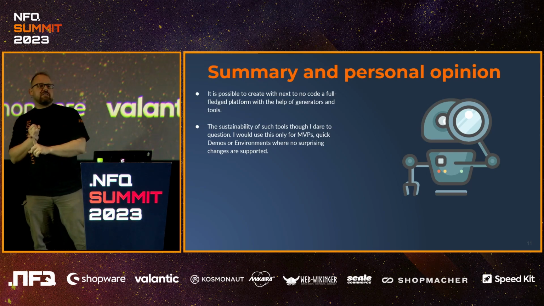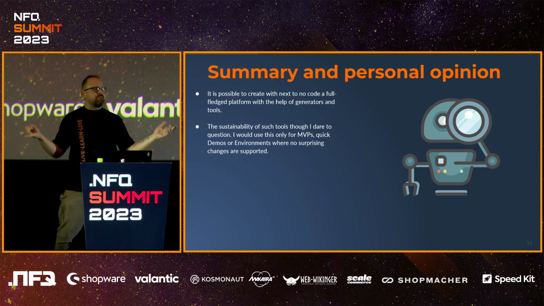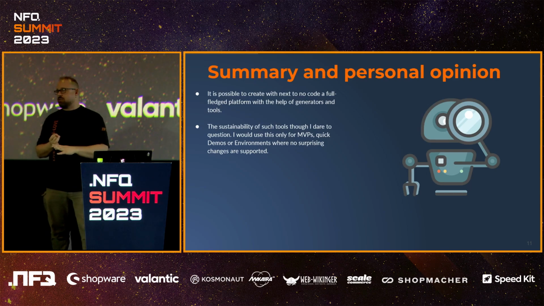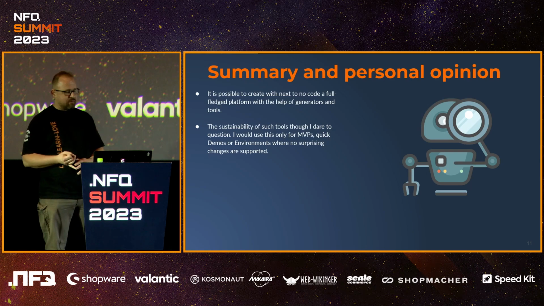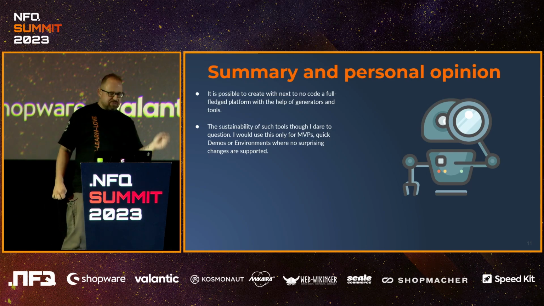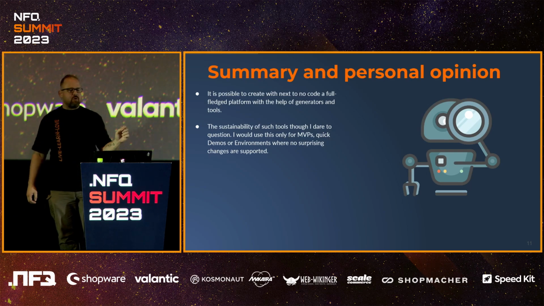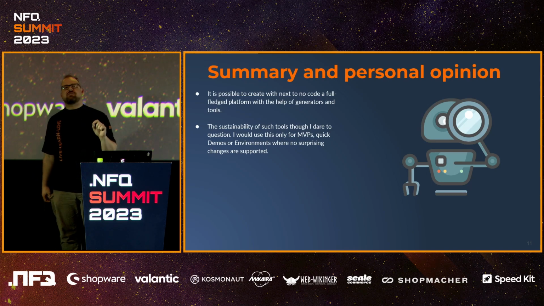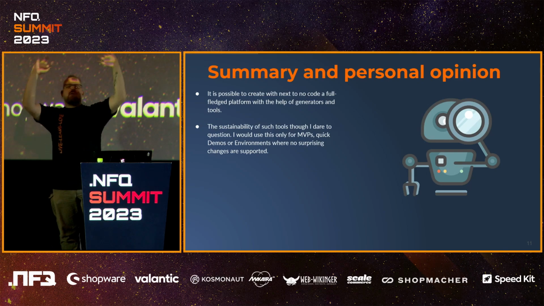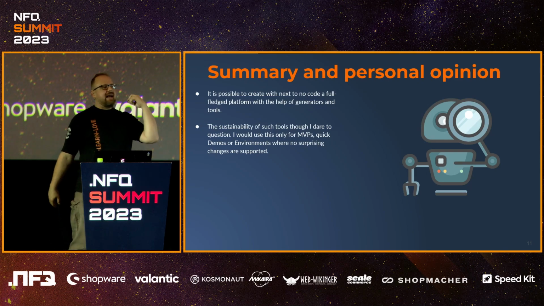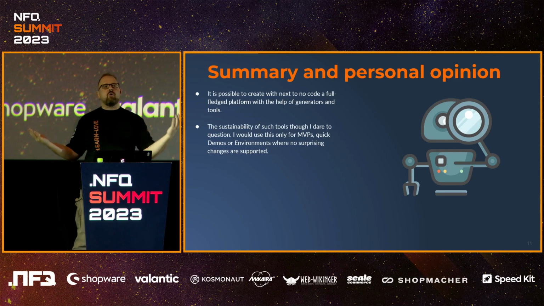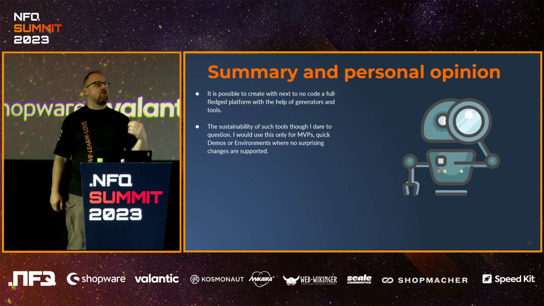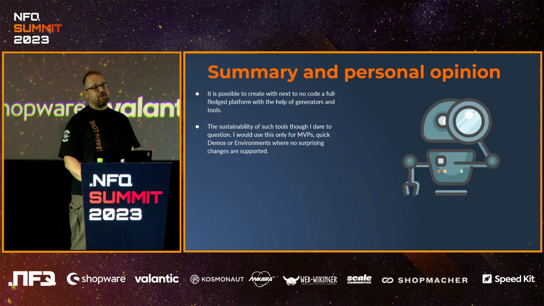You don't know where it's hosted. If that platform goes bankrupt, your website or application is gone, all your data, everything's down. I would use it for MVPs, maybe quick demos, or environments where no surprising changes are expected. If they come tomorrow and say, we want something completely different, that can ruin your whole data system and really go against the flow of your whole application.